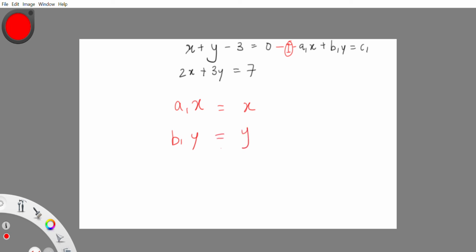But as you pay further attention, a1x plus b1y is on the left and c1 is on the right hand side of the equation in our standard form. So I'll write this down: c1 is on the RHS of the equal sign in the standard form.